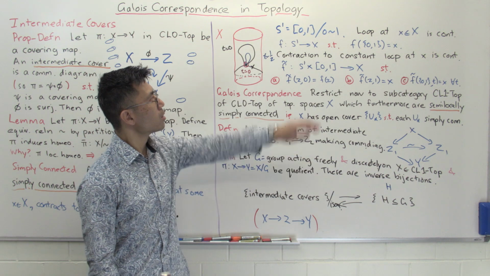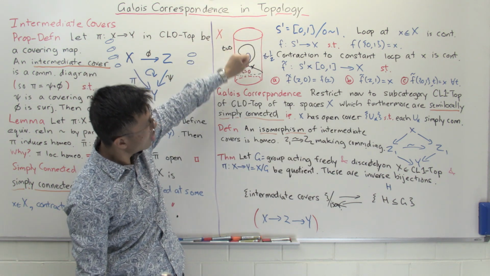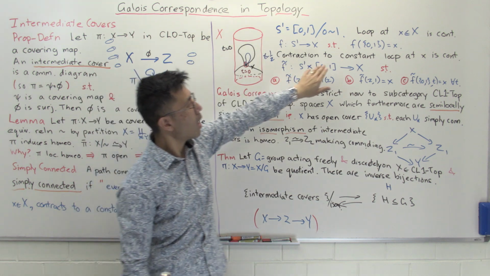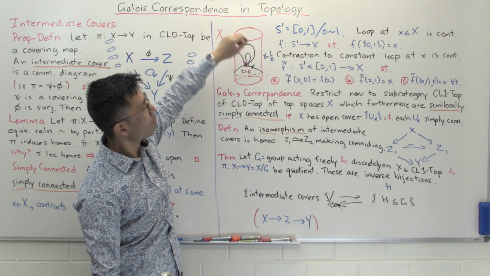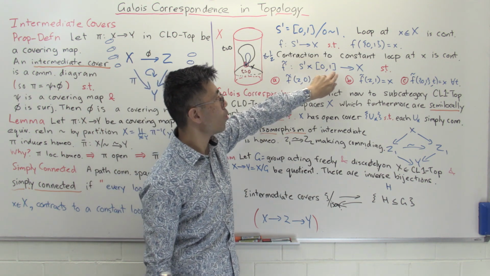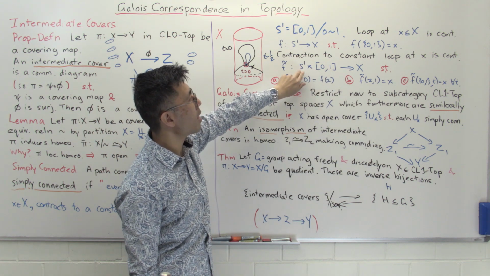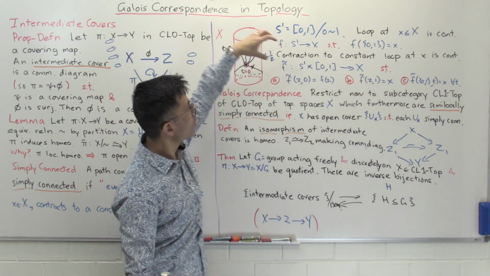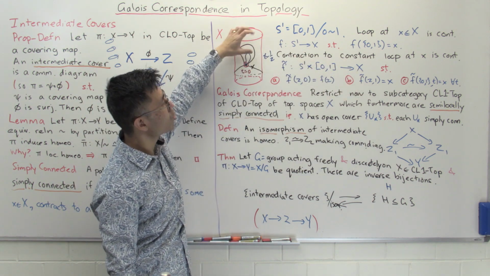So what we're going to do is have all these different loops, a loop for each time from 0 to 1. So the time varies from 0 to 1, and for each of these we have a continuous map from S1 to X. And of course, all these loops should be compatible.